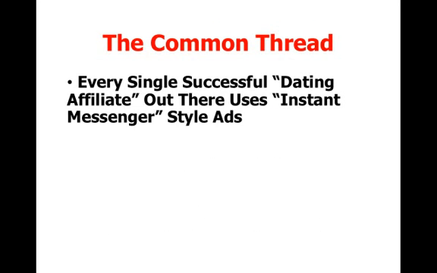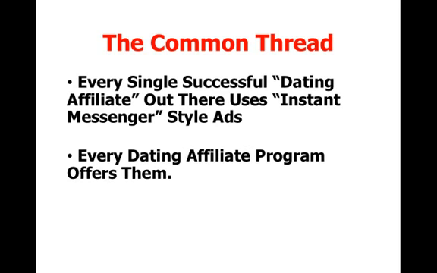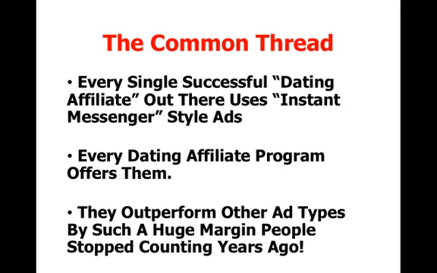And the common thread we found was that every single successful dating affiliate out there uses instant messenger style ads. Every dating affiliate program out there offers them, and instant messenger ads outperform other ad types by such a huge margin people even stopped counting years ago.